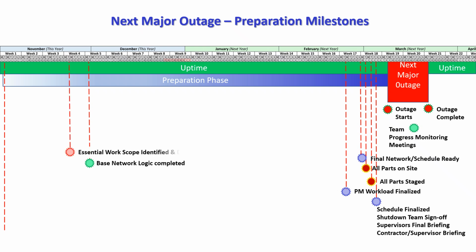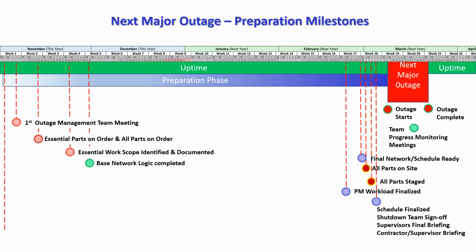And in order to do that, our essential work scope must be identified and documented. And even before that, we need all the long lead time parts on order. And then, in fact, we need to start ordering all the rest of the parts. So we start our first outage management team meeting way up front in week 1.